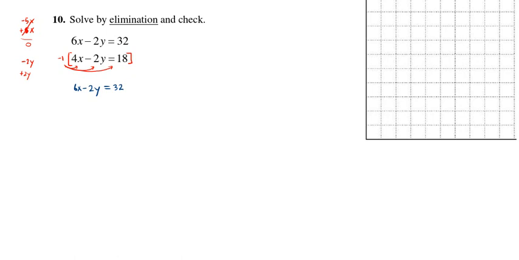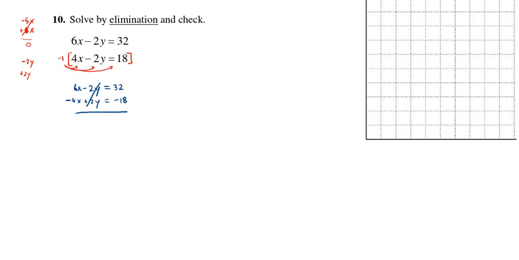So that will become negative 4x positive 2y equal to -18, because multiplying negative times positive gives us negative, negative times negative gives us positive, and negative times positive gives us negative. So now that we have inverses here, we can eliminate them, and then we combine whatever we have left.